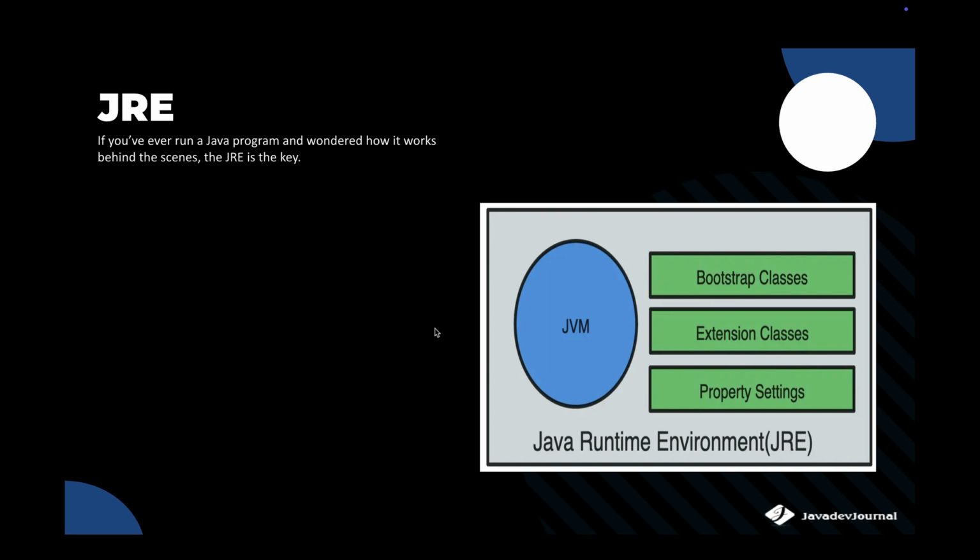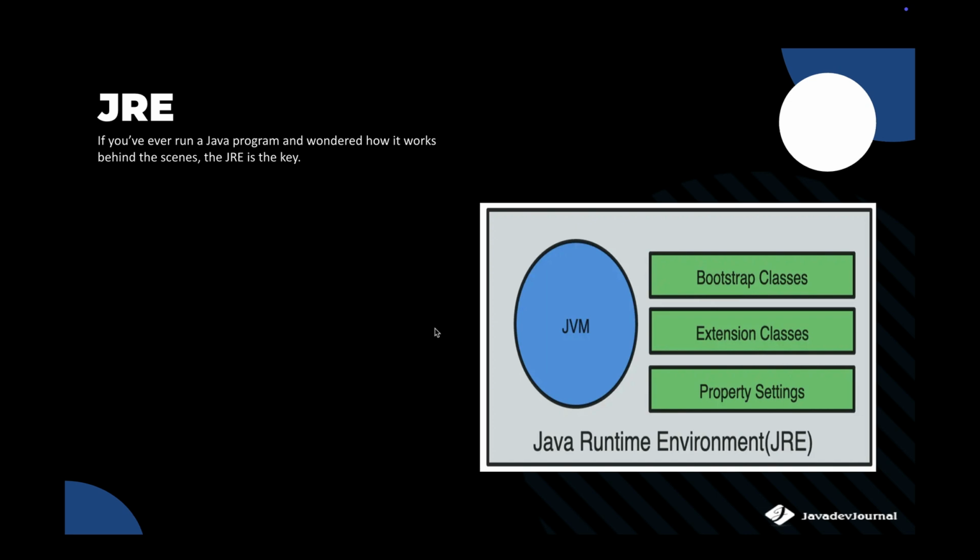For example, it has all the configuration, some bootstrapping and other things. So the JVM is sort of an engine that runs the bytecode, and the JRE is sort of a full package which combines the JVM and a few other libraries needed for our program to work.